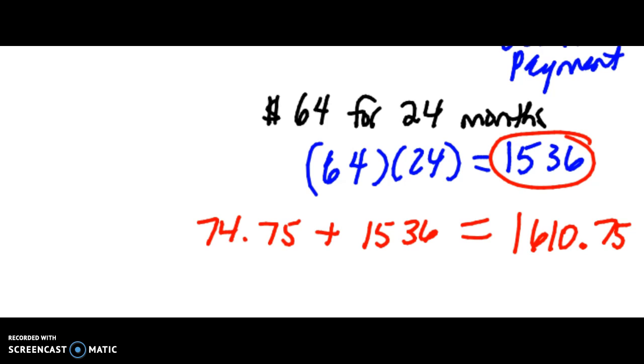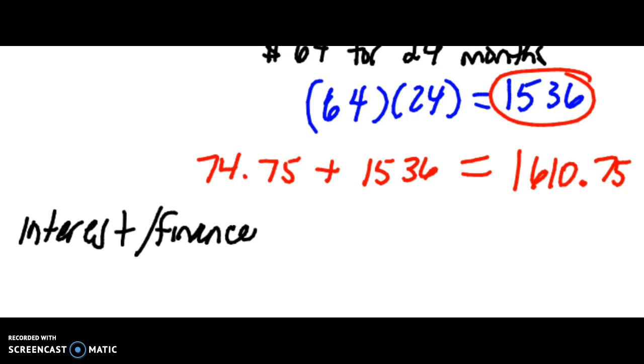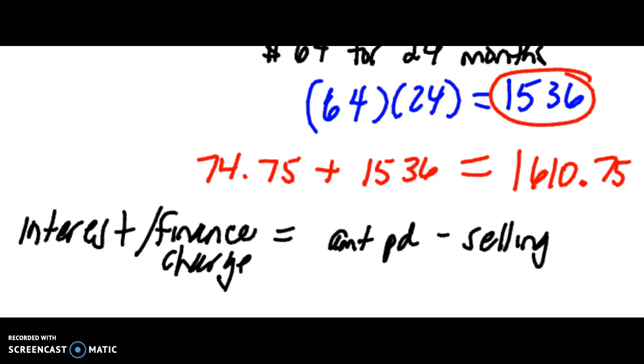Now what we have to do to determine the finance charge or the interest is subtract the selling price of the computer from the amount that she paid. All right, so the amount that she paid total was this number here.